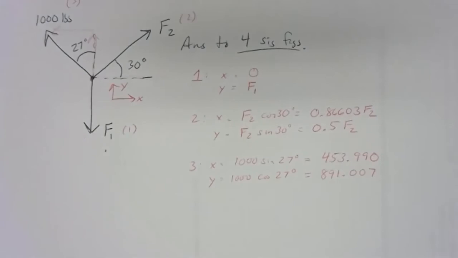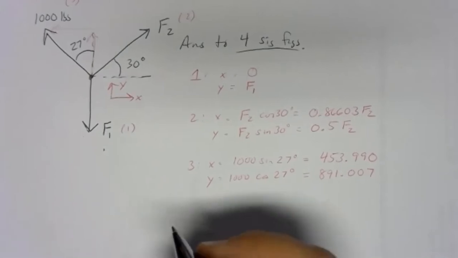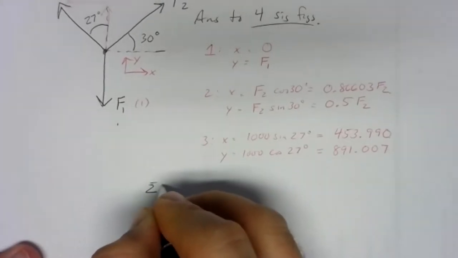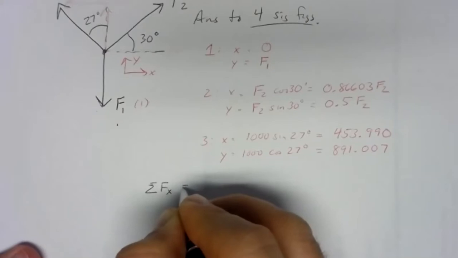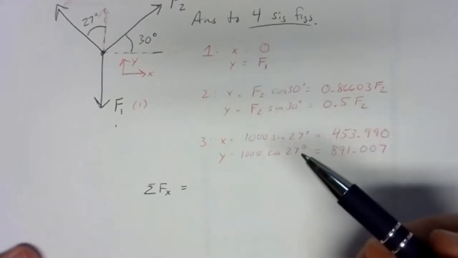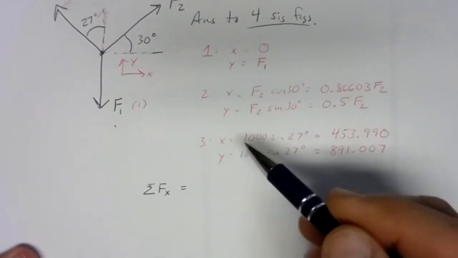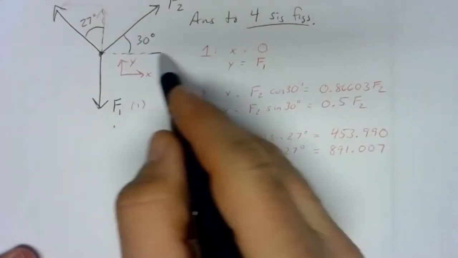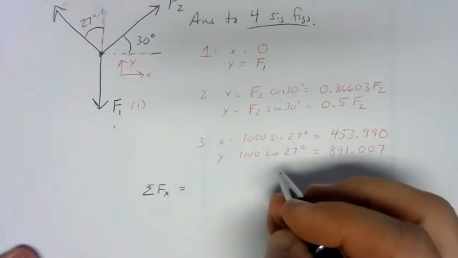So there we've got our forces broken up into components. Next, we have to do our sums. So we'll do our sum of forces in the x direction. Well, vector 1 has no x component. Vector 2, its x component's to the right, so that'll go in positive.